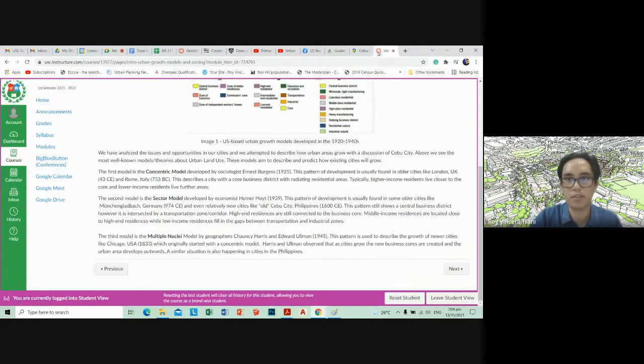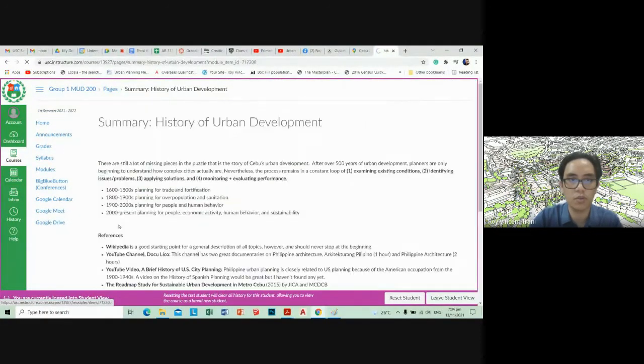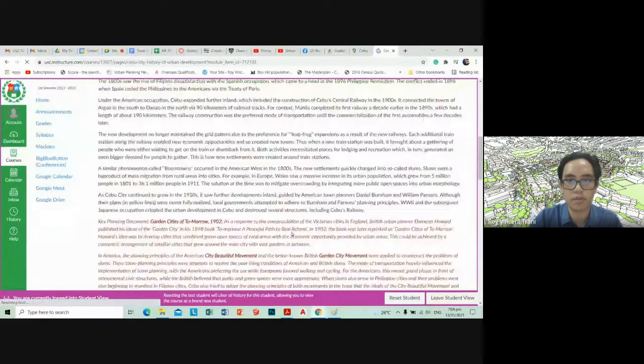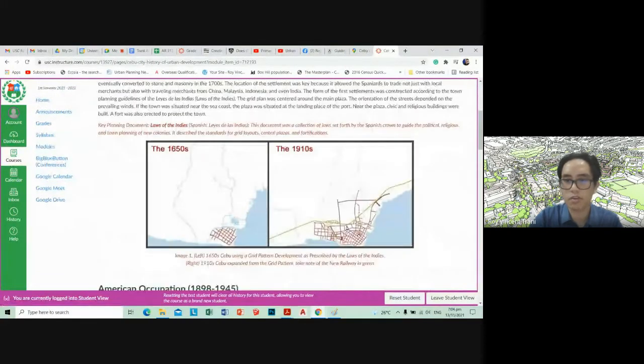Let me just go back to my article over here. Sort of transformed into the sectoral development with the new train station in the 1900s.